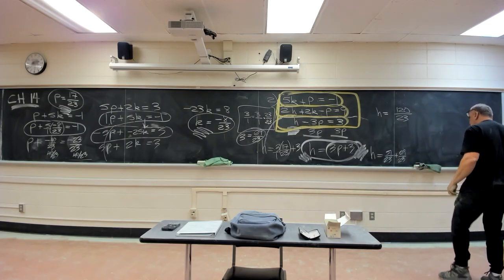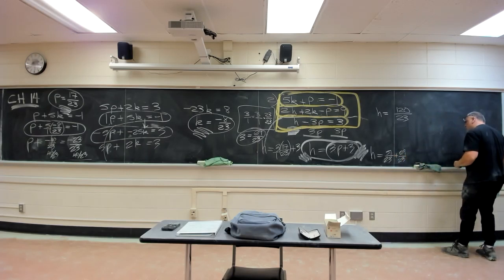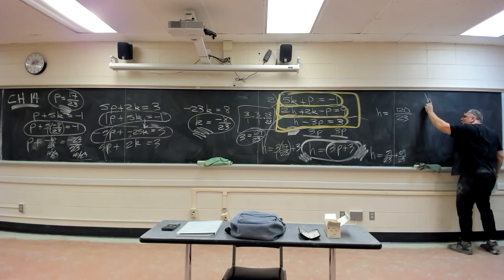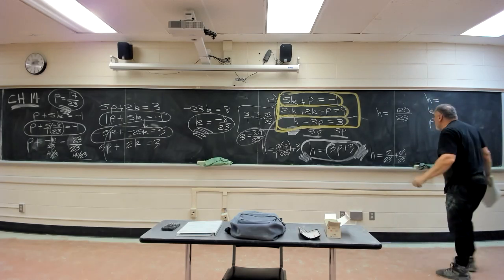So a lot going on here. Let's talk about all of it, I guess. We can say that 51 onto 69 is going to be 120. Okay, so H, K, and P. Let's take some looks at this thing.